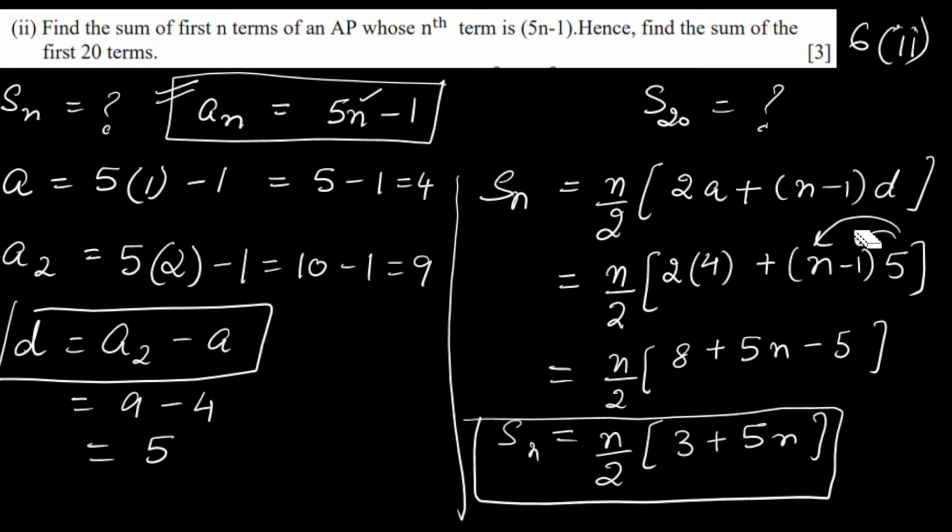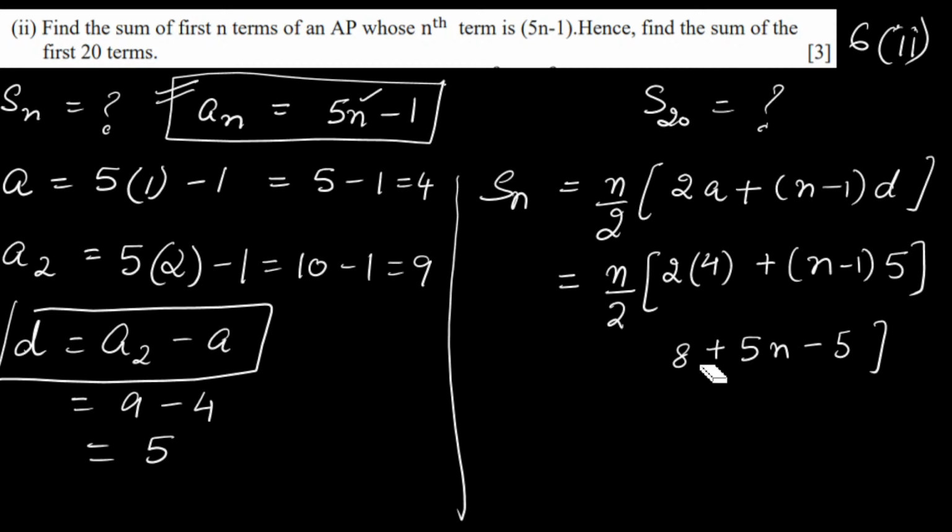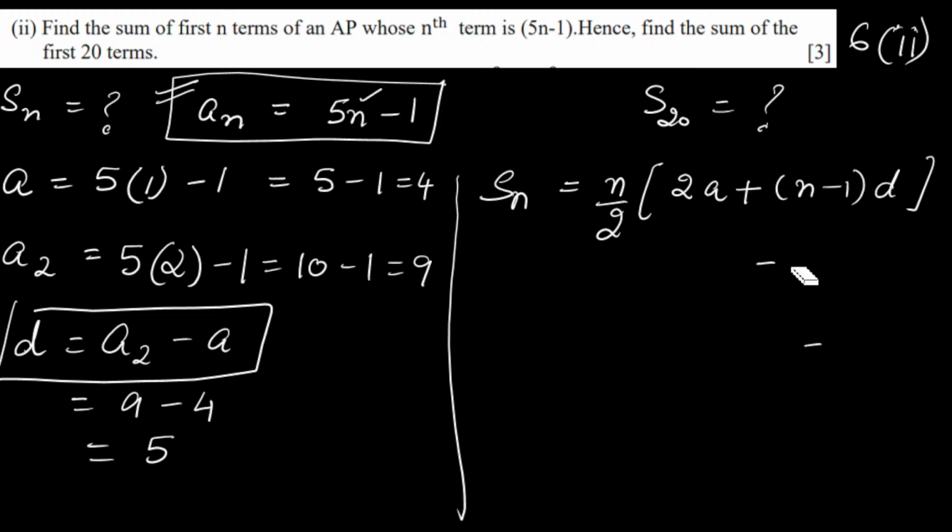Now Sn we have to find. So for Sn, what we did, in the formula itself we substituted everything. The formula of Sn is equal to n by 2 into 2a plus n minus 1 into D. Sn will be in terms of n because we have to find the sum of n terms. So n by 2 into 2a, 2 into 4, plus n minus 1 into D. D is 5.